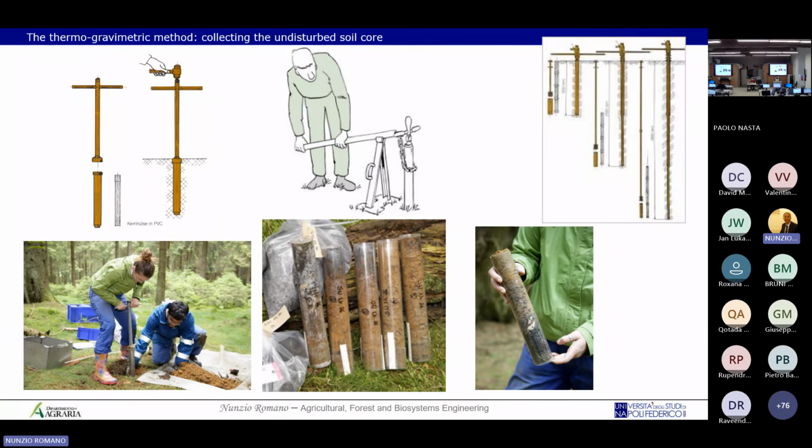Otherwise, you lose information on the volumetric water content. So it's very important to have very precise information of the total volume of the soil in the core of the cylinder. Otherwise, you make an error in measuring the soil water content.